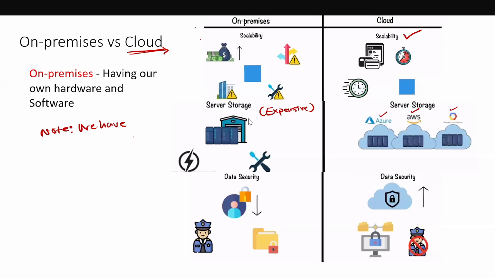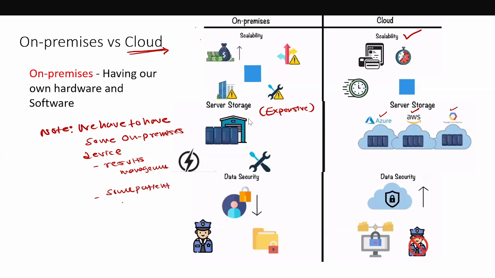So we have to have on-premises devices for that, right? For example, resource management, maybe some kind of patient, not all, some very special patient management in a hospital. For those things, we need on-premise devices, right? Please remember that.